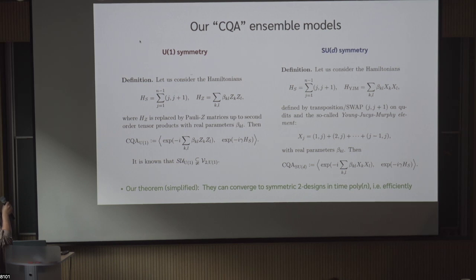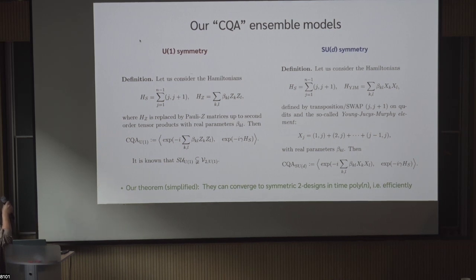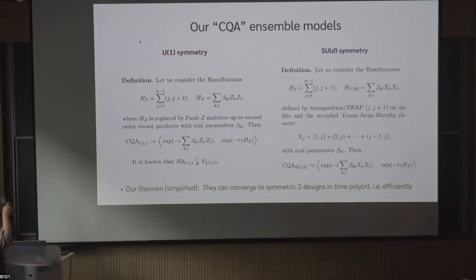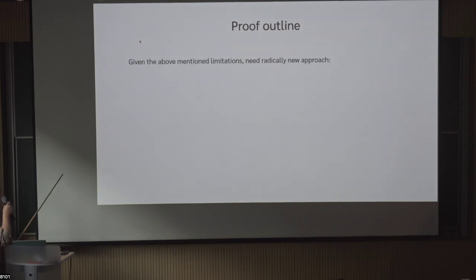Very informally speaking, the result that we prove is that these CQA ensembles are symmetric and local ensembles, and what we prove is that they can converge to symmetric t-designs in polynomial time, or efficiently. And this requires completely new approaches, because basically all the known ones are not really useful here.